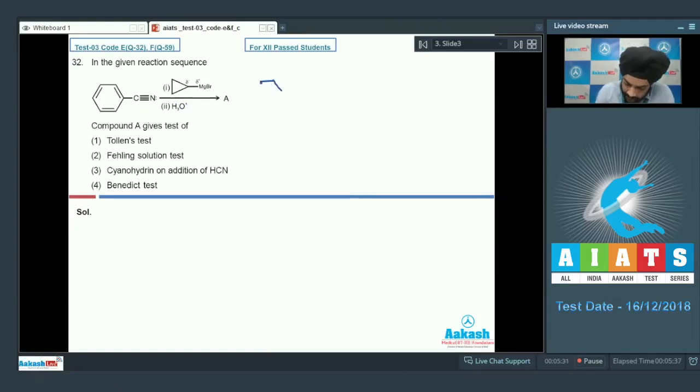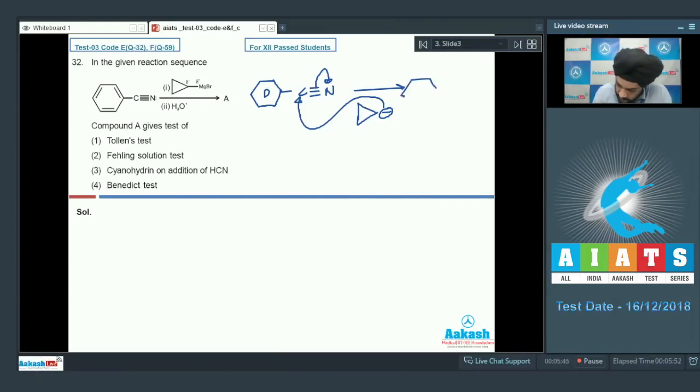So if we draw the product form, so in the first step, we'll have the attack of the anion and then it is subjected to hydrolysis, then we'll have the generation of a ketone.